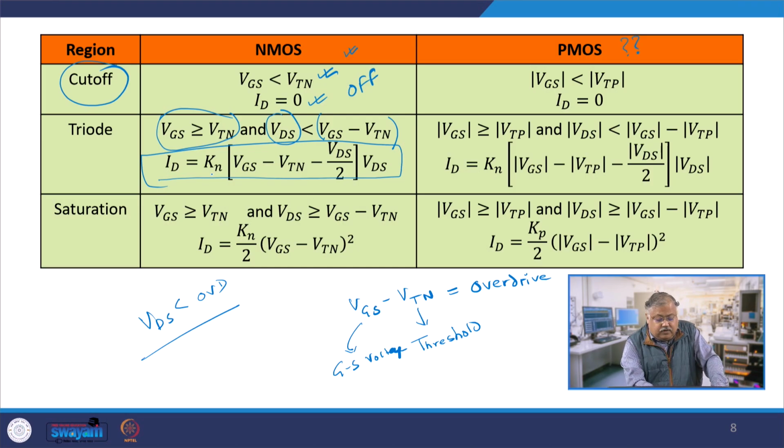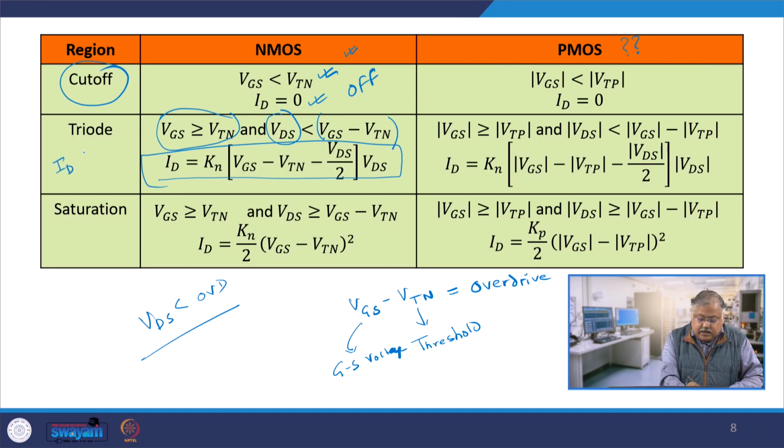Very interestingly, the current depends upon the value of VGS minus VTN, which is the overdrive. It also depends upon the drain to source voltage, but ID has a VDS square dependency. So in the triode region, ID has a dependency on VDS square, because if you multiply VDS inside, it is square.